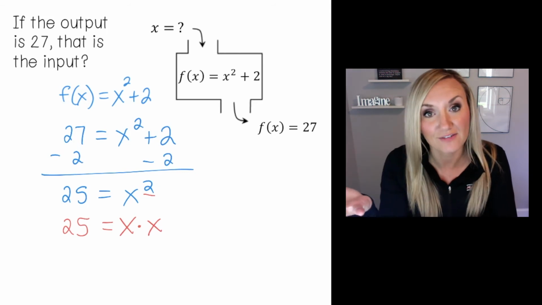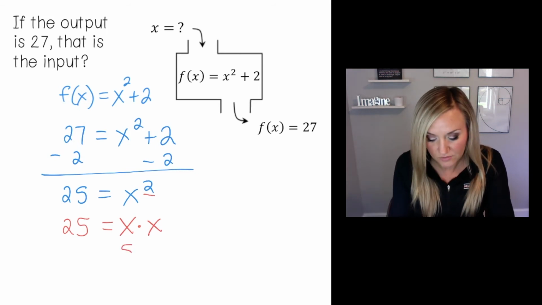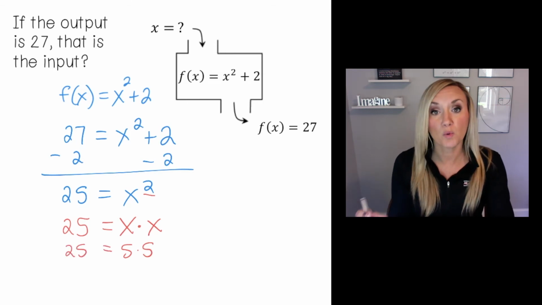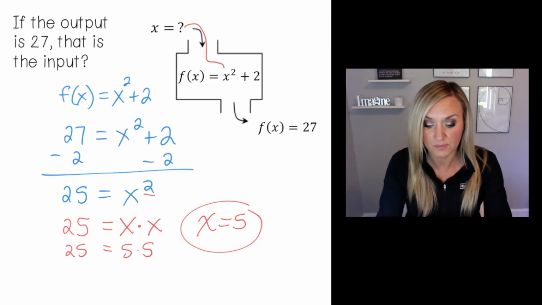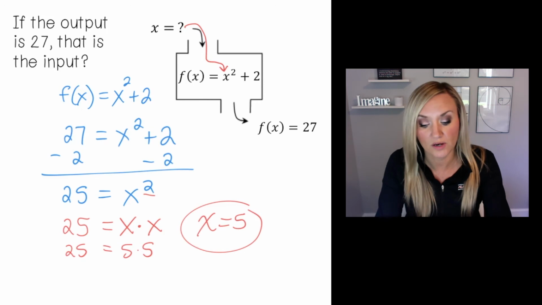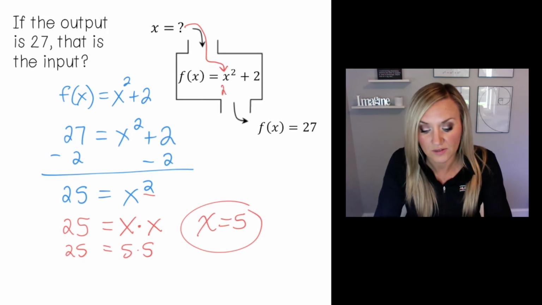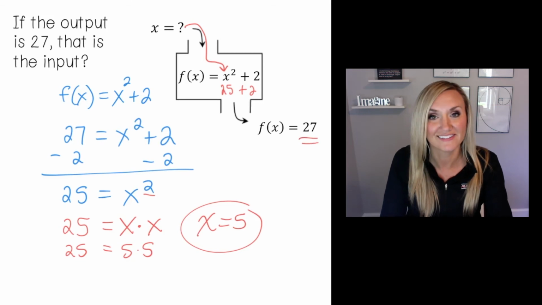And that is 5, right? Because 5 times 5 gives us 25. So in this case, we found that x is 5. Because when we take 5 and plug it in, 5 squared is 25 plus 2 gives us the 27.